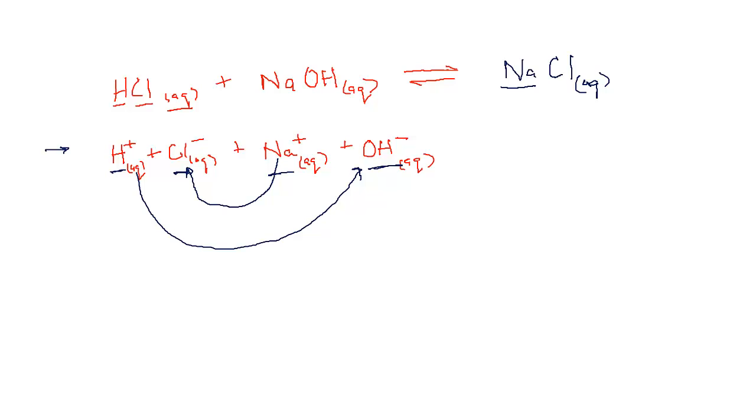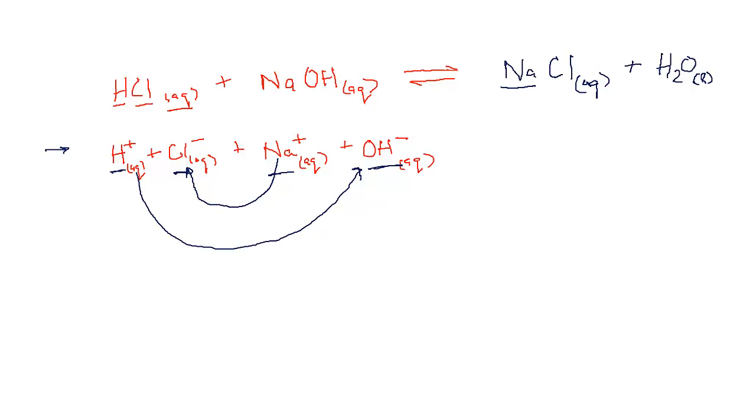All salts made with group 1A metals are water soluble, so sodium chloride is water soluble. And then the other substance we get is the hydrogen ion reacting with the hydroxide ion of the base, and we get water. We can write it as a liquid, or we could write it as aqueous, either way.